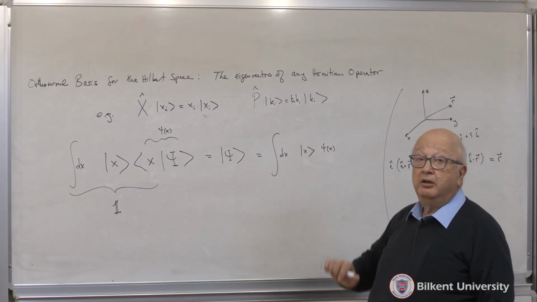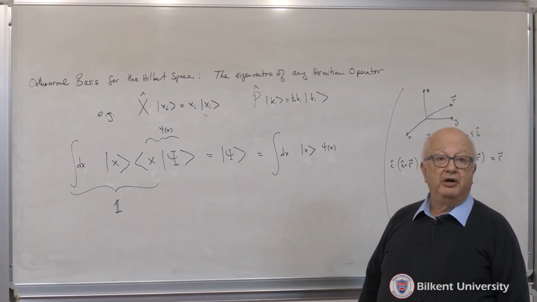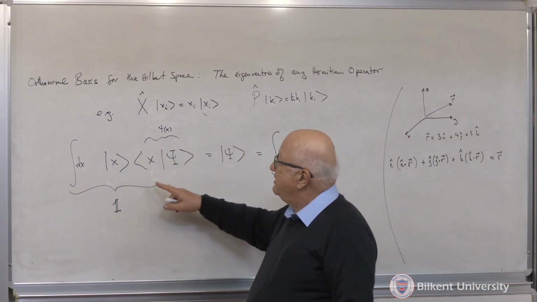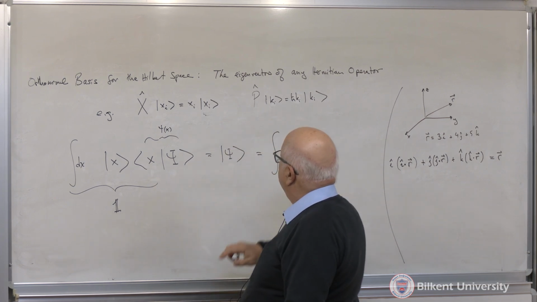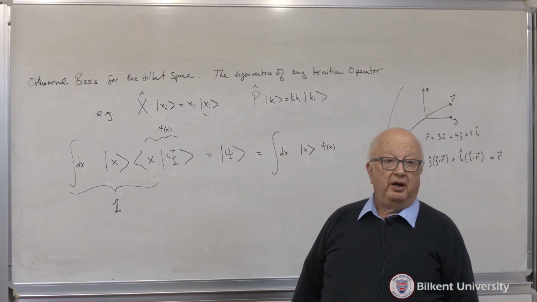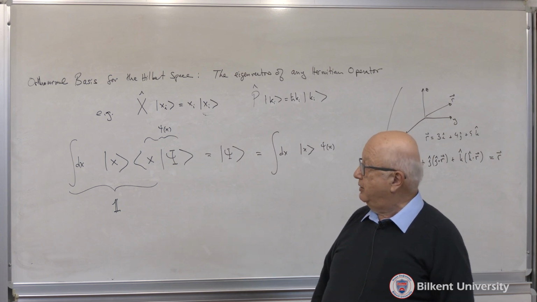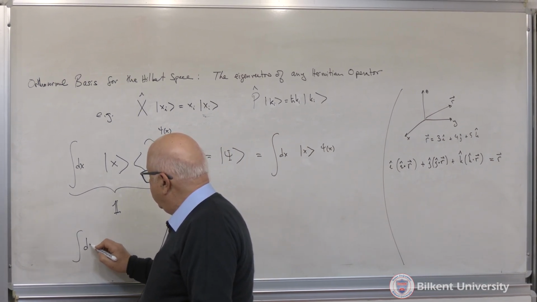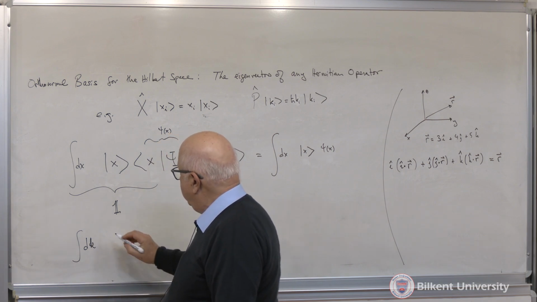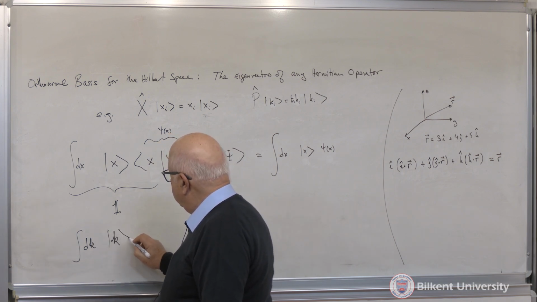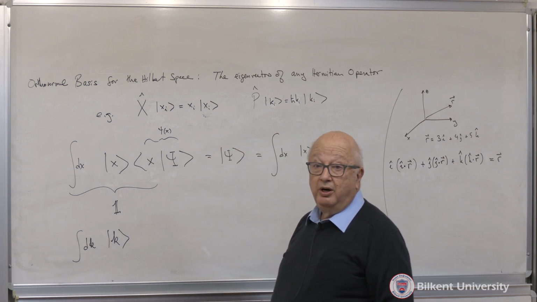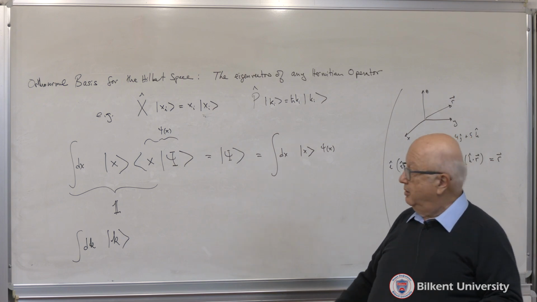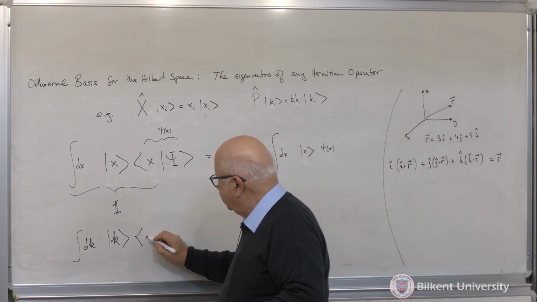All right, but I could have done this with any other basis, for example, the momentum basis, and I could have done the same thing with that. So instead of x, I could have used my variable k, so these are now eigenvectors of the momentum operator, something like this, k.